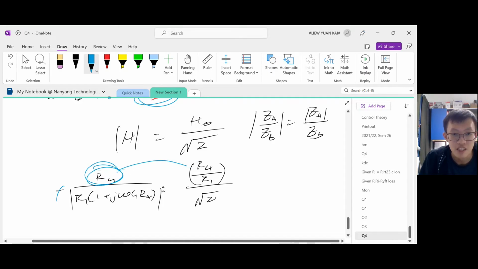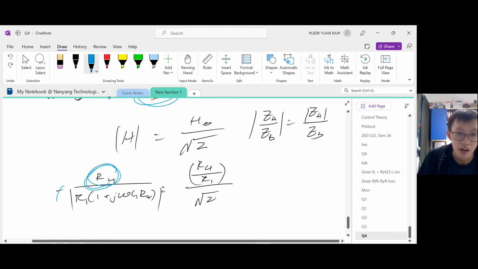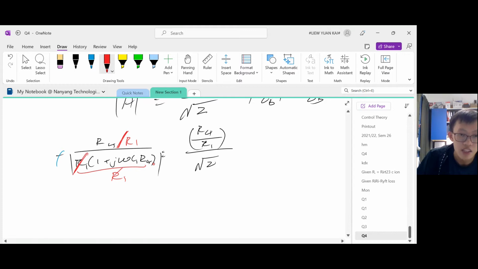So does this look like this? No. This is R4, but this is R4 divided by R1. So to make them the same, divide this by R1. So divide the top and bottom by R1. So divide this by R1 and divide the denominator by R1 also. So as you can see, R1 and R1 can cancel.